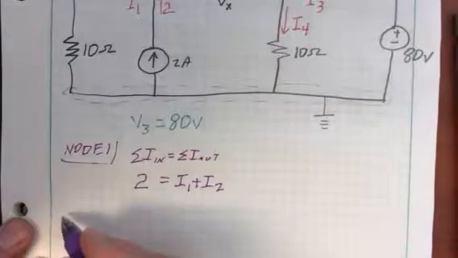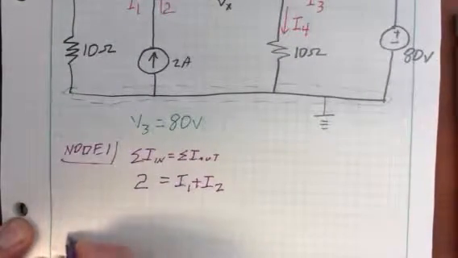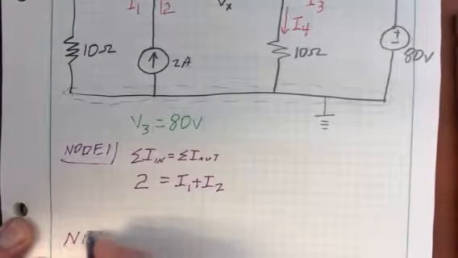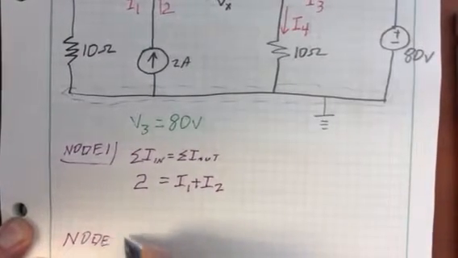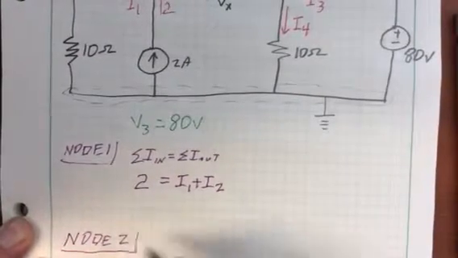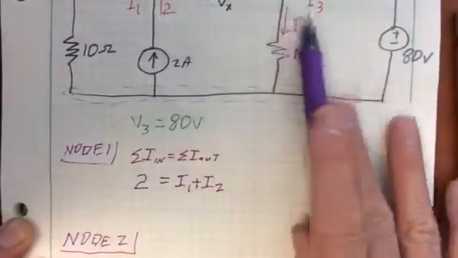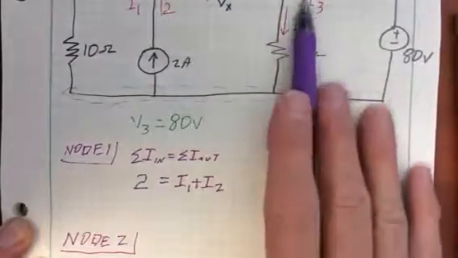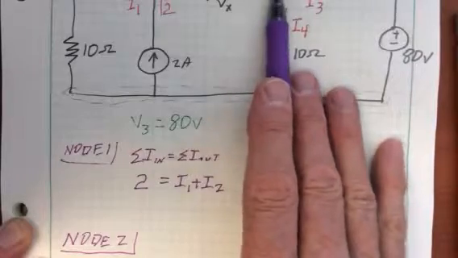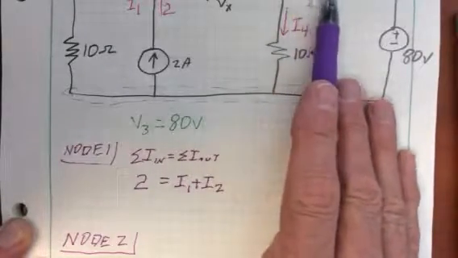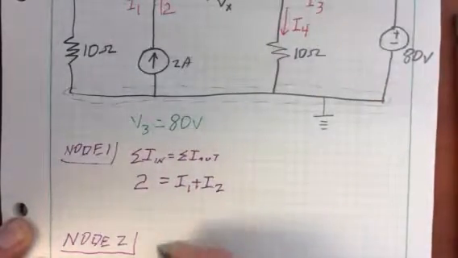All right, let's go to node 2. Current in equals current out. What do we have coming in? We have current I2 flowing in, and we have current I3 flowing in.